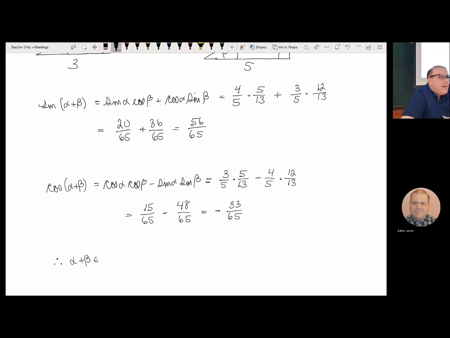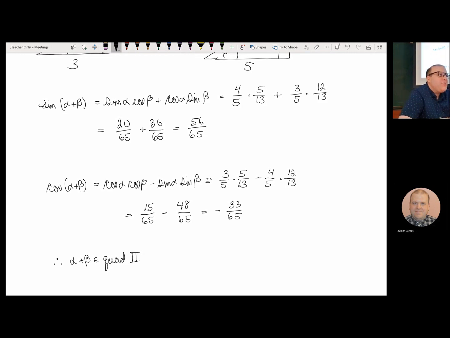What quadrant is alpha plus beta in? Cosine's negative, so that would be the second. If you examine it and think logically about it, it has to be quadrant 2. Now, wait a second.